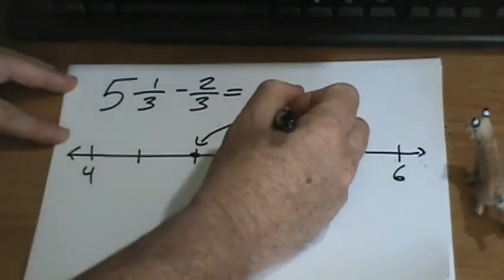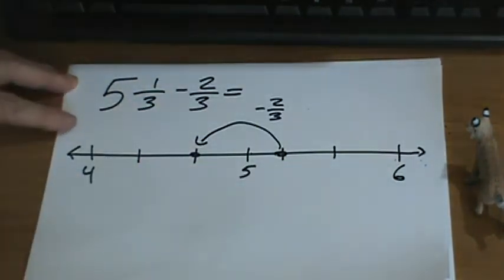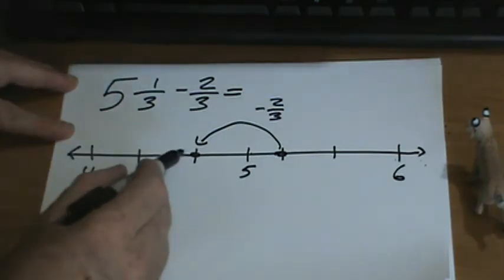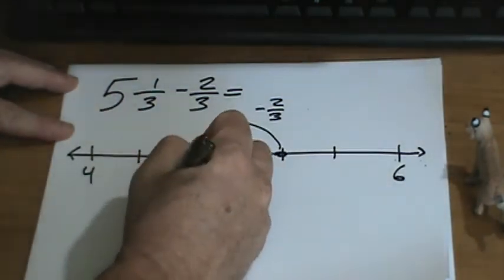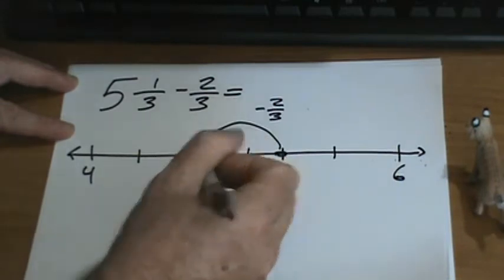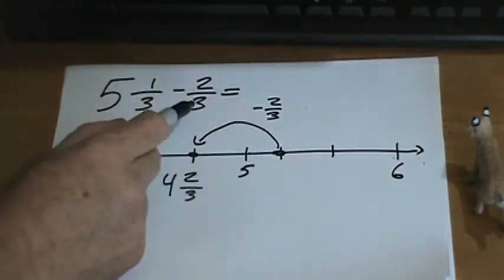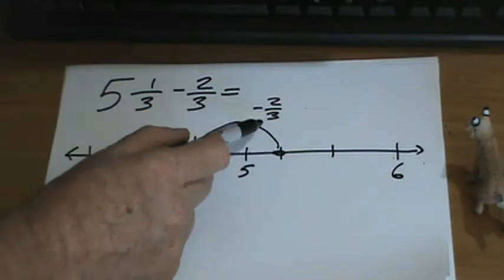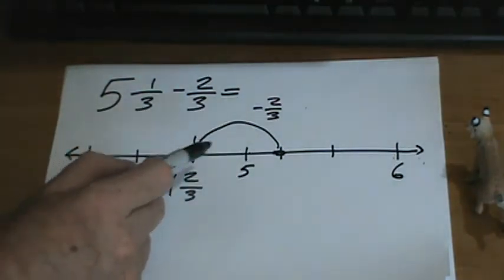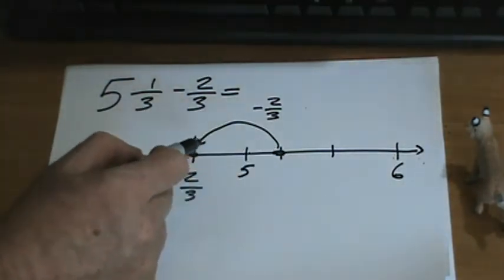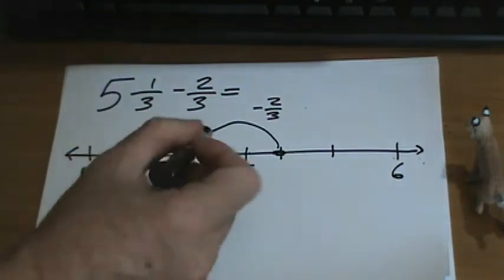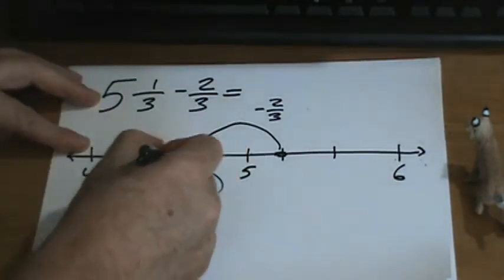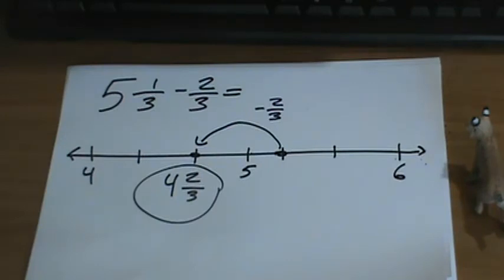Minus 2/3. Where do I wind up at? 4 1/3, 4 2/3. You see what happened? The 2/3 being greater than 1/3 made the result less than 5. We subtracted 1/3 and 2/3, and our answer is 4 2/3. Since I don't have a lot of room up there, I'll just circle my answer.